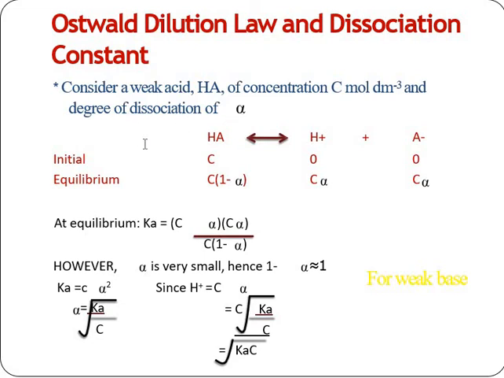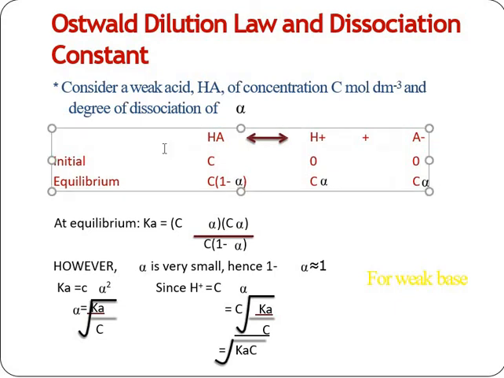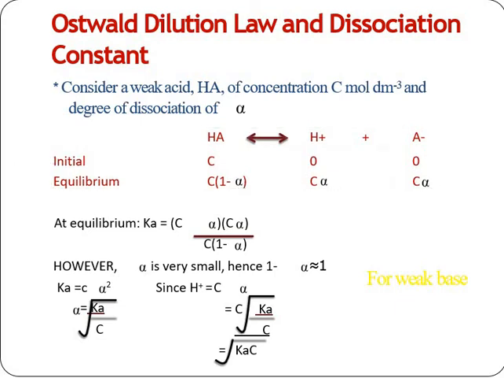So again consider HA. HA is a weak acid and we know a weak acid partially dissociates in aqueous solution. So HA is converted into H plus ions and A minus ions, but not completely. It is partially dissociated. So consider the initial concentration of HA is C and the initial concentration of H plus and A minus will be 0.